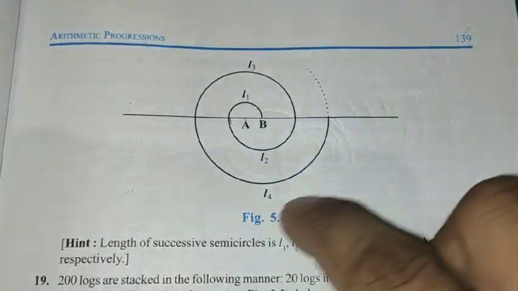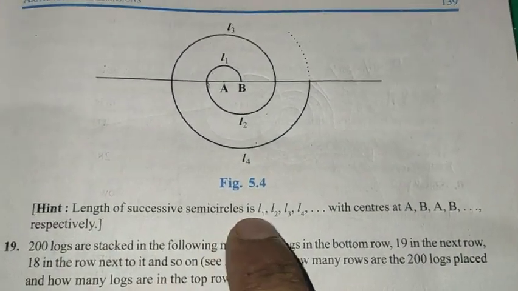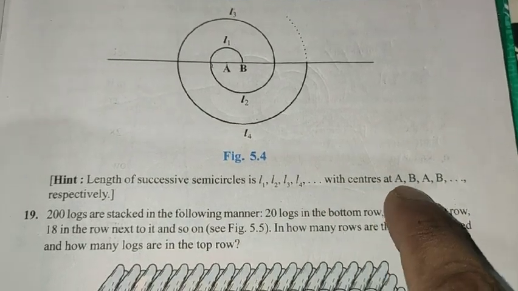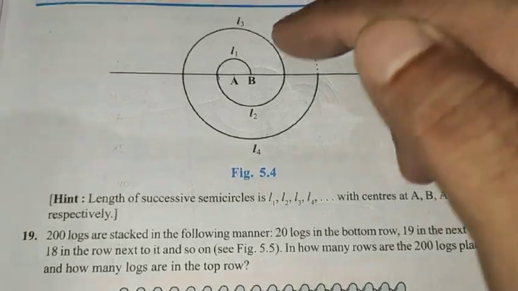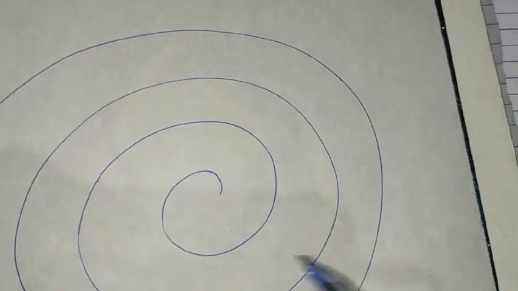This is the spiral, and the lengths of successive semicircles are L1, L2, L3, L4 with centers at A and B respectively. Let me show you with the help of the diagram.